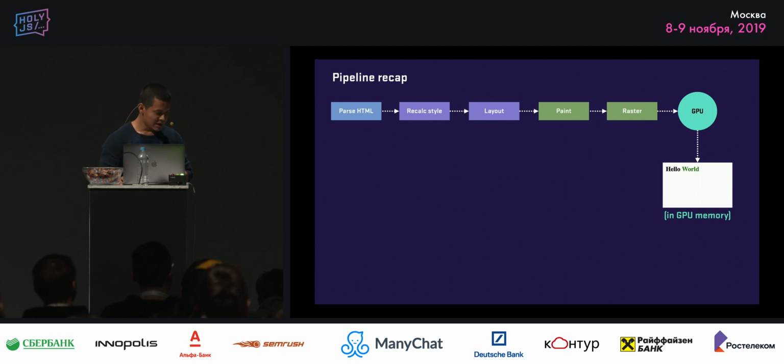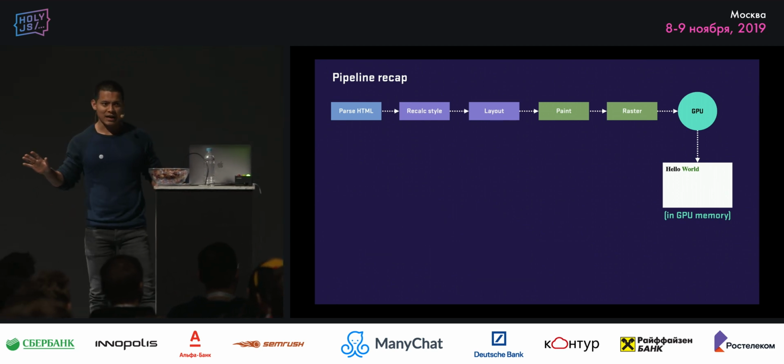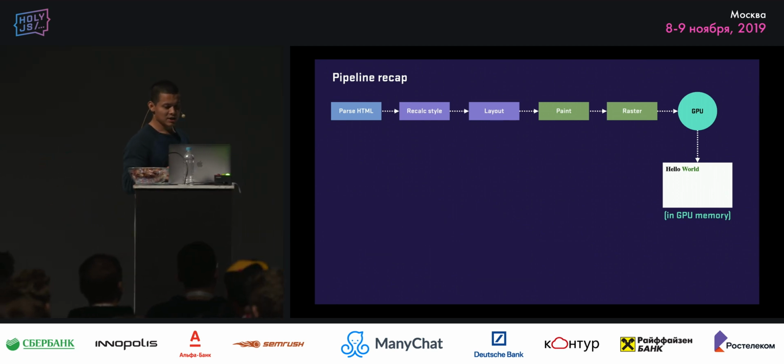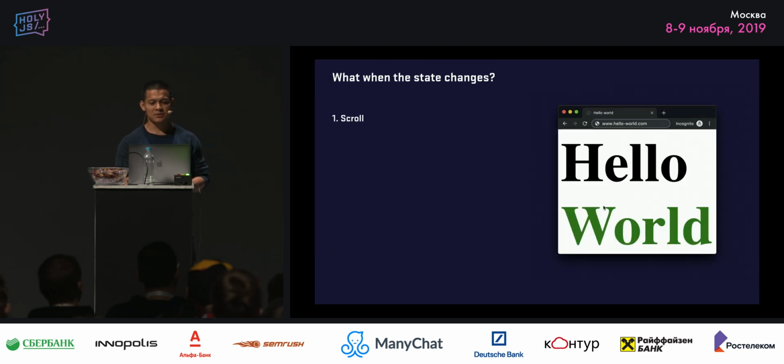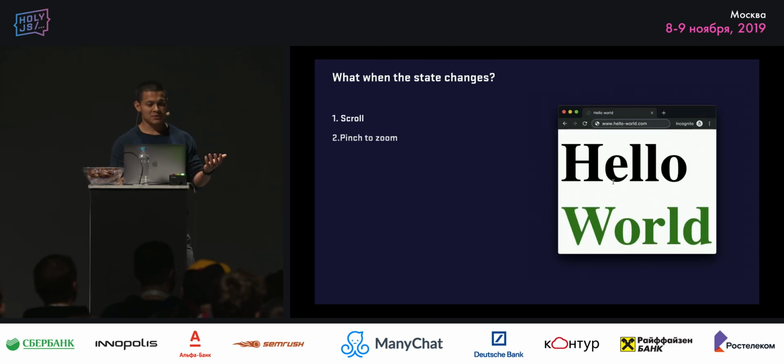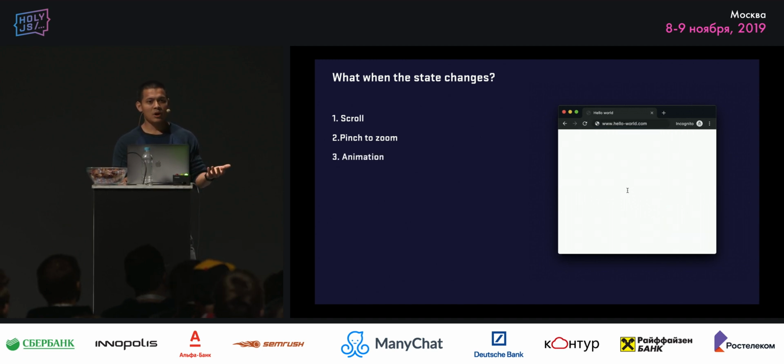But things are not as simple as that. They do get complicated. See, Chrome does not get to run this pipeline once and call it a day, because things change in the page. And things can change because the user may scroll the page, the user may pinch to zoom, there may be some animations happening, or JavaScript may be changing the state of things in the page, right?